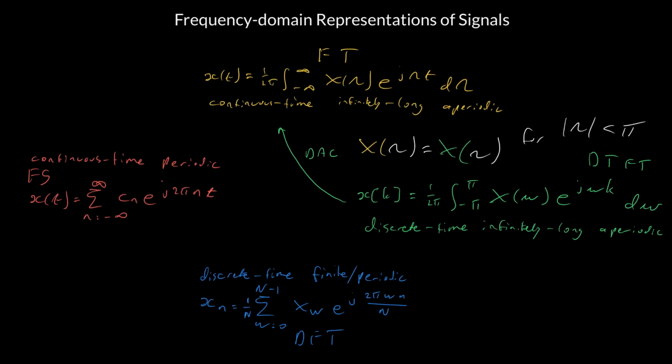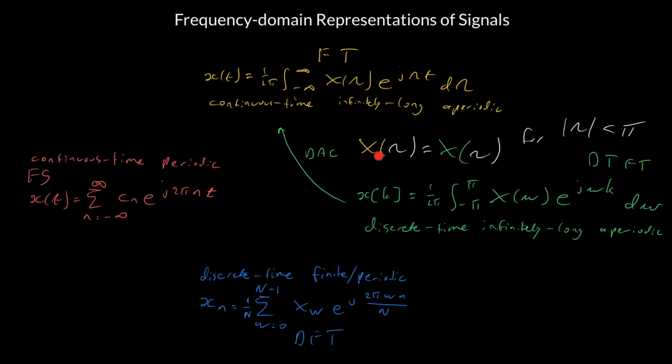And outside this region, the Fourier transform x of big omega is going to be equal to 0. In other words, we obtain x of big omega by low-pass filtering x of small omega, if you wish. But remember, we are not in the same space, so that's not strictly correct. But we are chopping off x of omega to go from the discrete time Fourier transform space to the Fourier transform space.